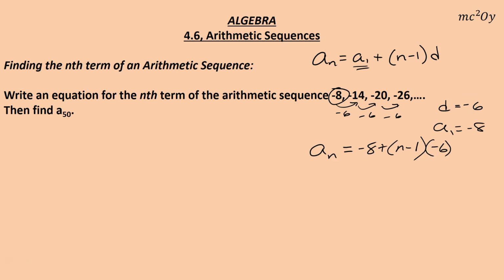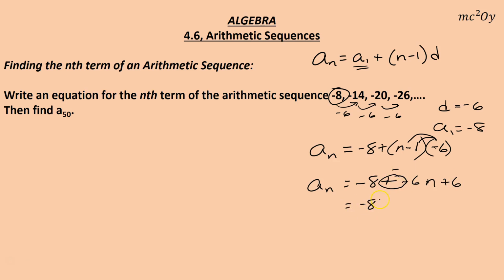Let's change that to slope-intercept form. A sub n is equal to negative 8 plus, well, I'm going to distribute this. Okay, so that would be negative 6n, excuse me, and then positive 6. I don't like having two symbols next to each other, so I'm just going to call that a big minus.